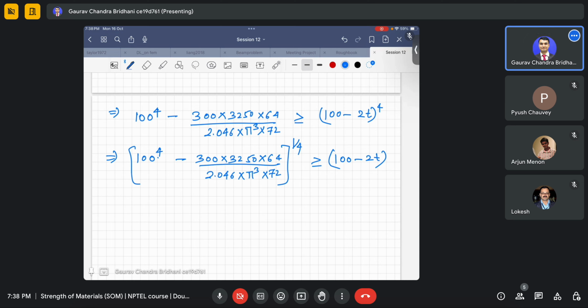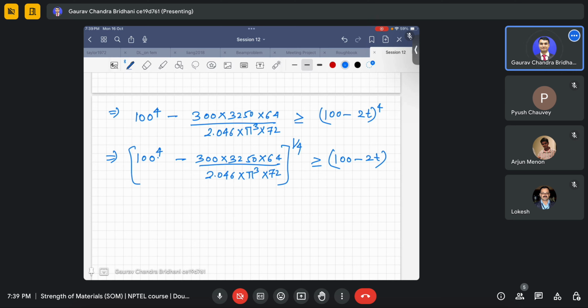So 300 into 3250 into 64 divided by 2.046, divided by pi cube, and divided by 72.